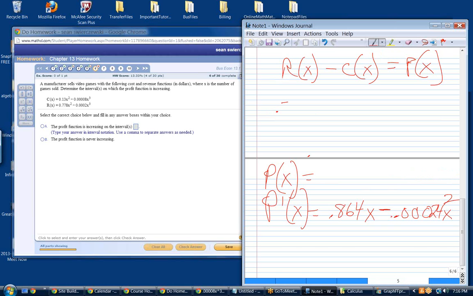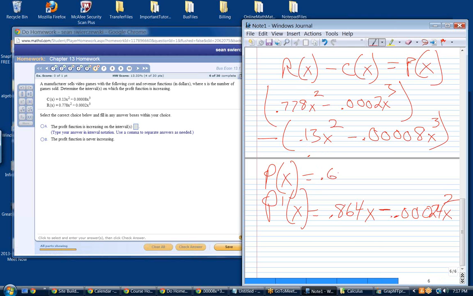So I've got 0.778 x squared minus 0.0002 x cubed minus 0.13 x squared. Oh, I can't believe I did that. So in this case, this one is 0.648 x squared.